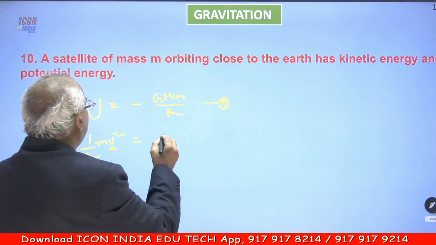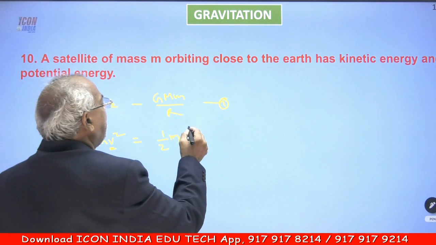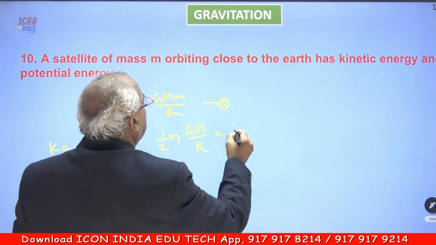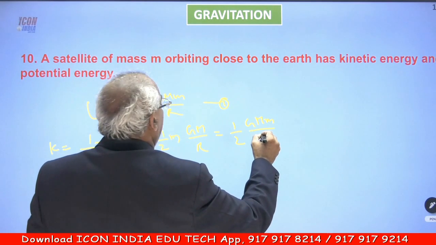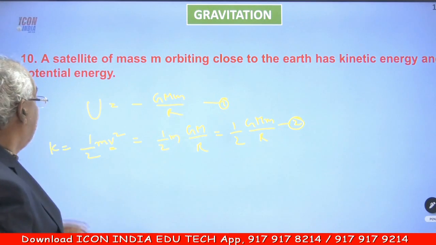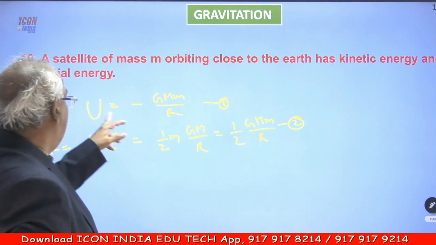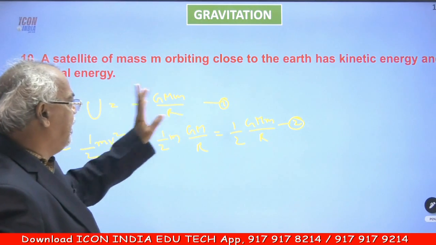What is the orbital velocity formula? v is root GM by R, so K is equal to 1 by 2 GMm by R. It is the second equation. Here the kinetic energy K is equal to GMm by 2R and the potential energy U is equal to minus GMm by R.